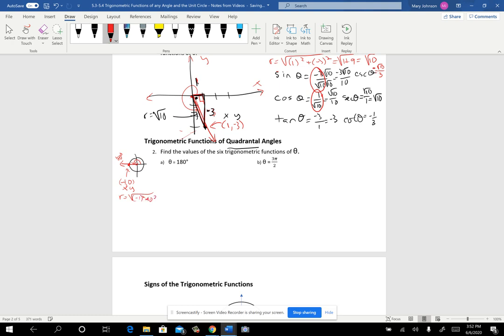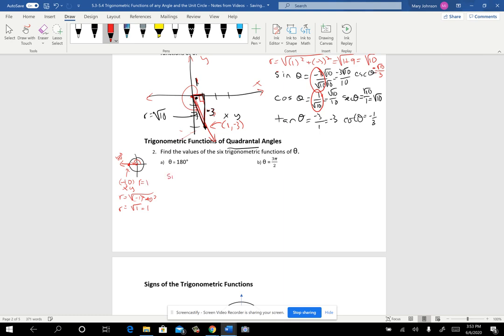Okay. I hope this shows up okay. You could use the formula to do that. Okay, or you could just look at how the radius of the circle is 1 to get r equals 1. All right, now once you get that information, you're ready to do like we did earlier.